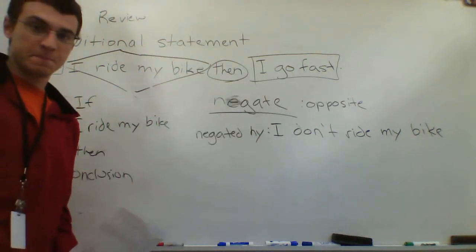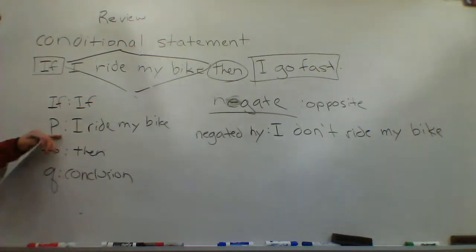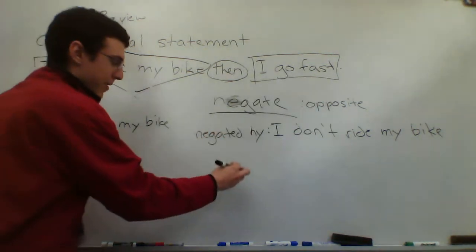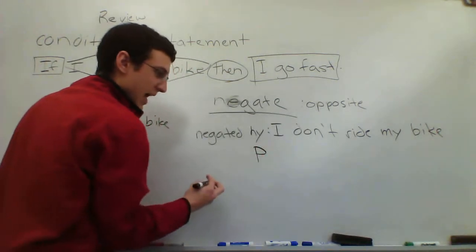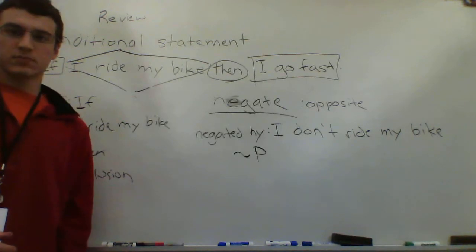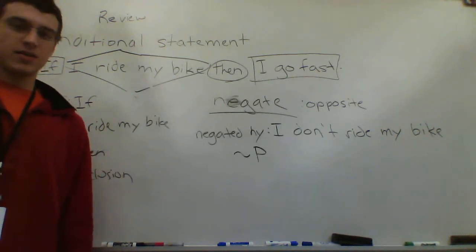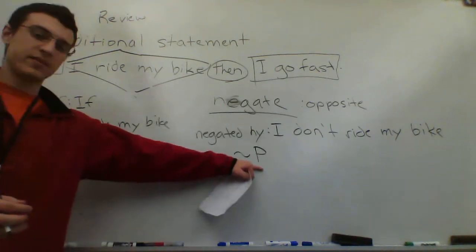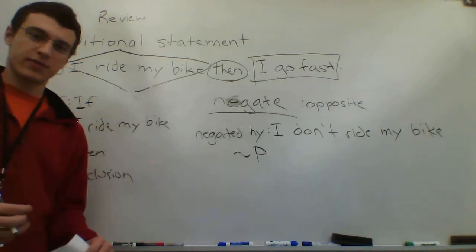The opposite. Just like P is the shorthand for hypothesis, the negated hypothesis is a P again with a little squiggly line in front of it. I call it squiggly P. You can call it whatever you want. Negated hypothesis: P with a little squiggly in front of it.